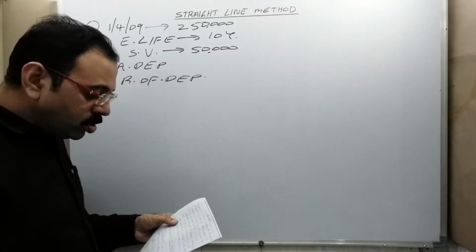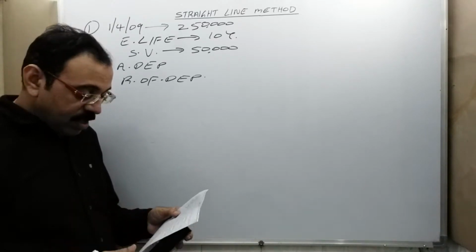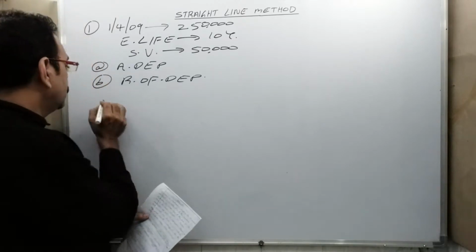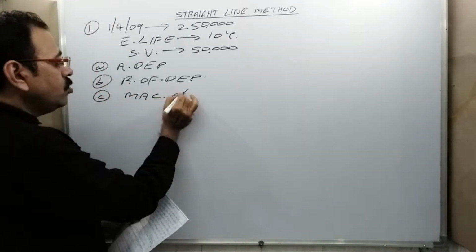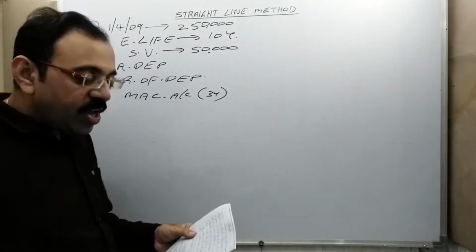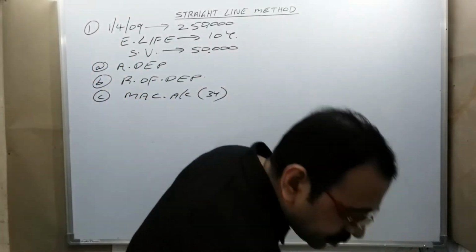Assuming that accounts are closed on 31st March every year, then show the machinery account for first 3 years. Another question is machinery account for 3 years he is asking under fixed installment method. This is the question. Okay.